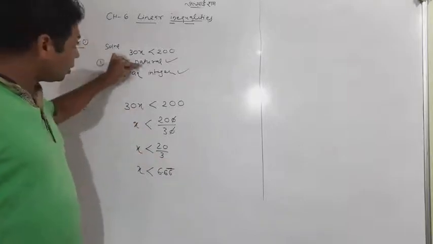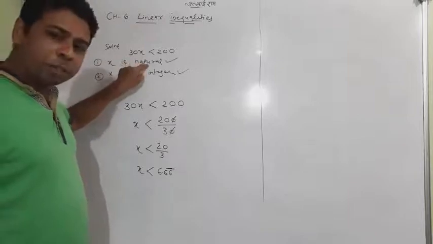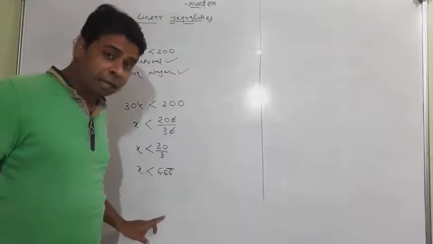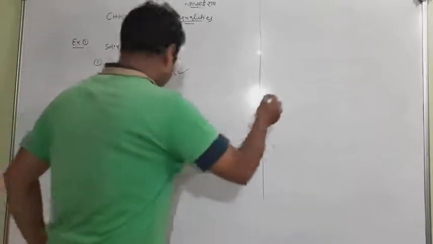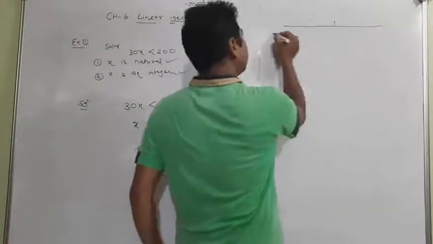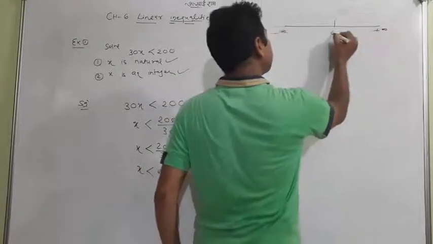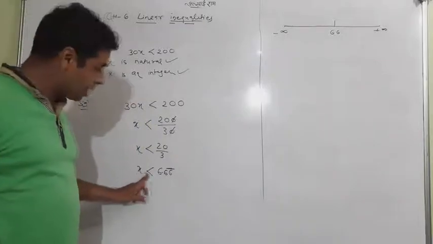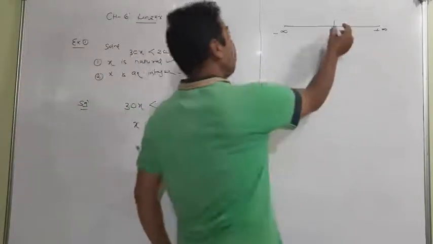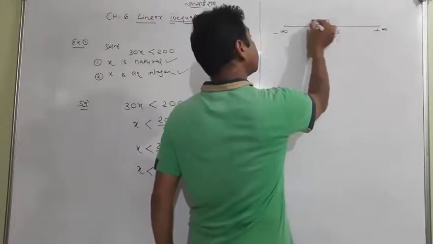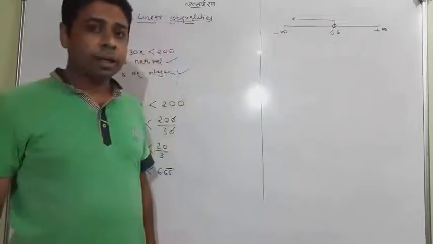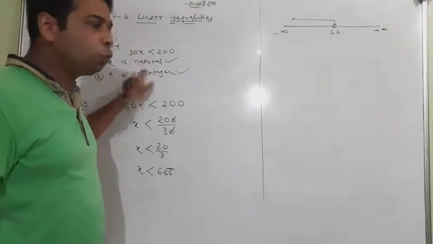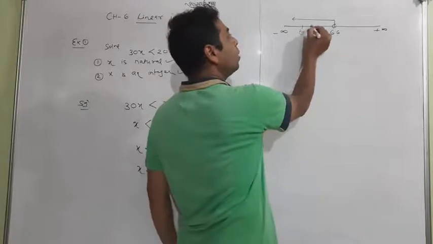But if this condition is given, x is a natural number, you just have to choose only those values which are natural numbers. By the number line, this is minus infinity, this is infinity, and this is 6.6. What is its meaning? x less than 6.6. But the question asks when x is only a natural number, and you know that natural numbers start with 1.